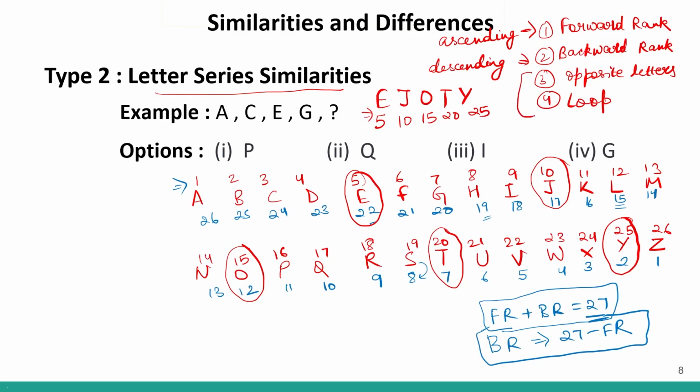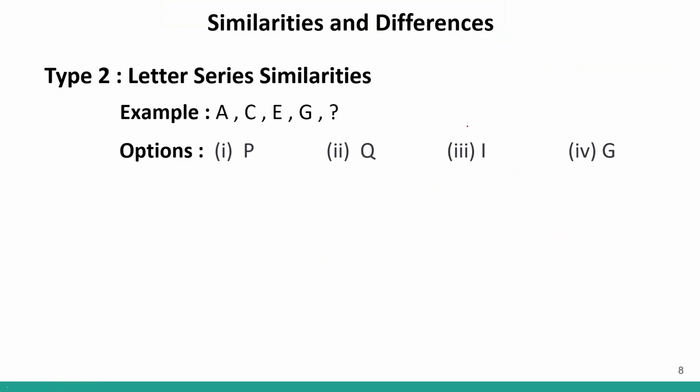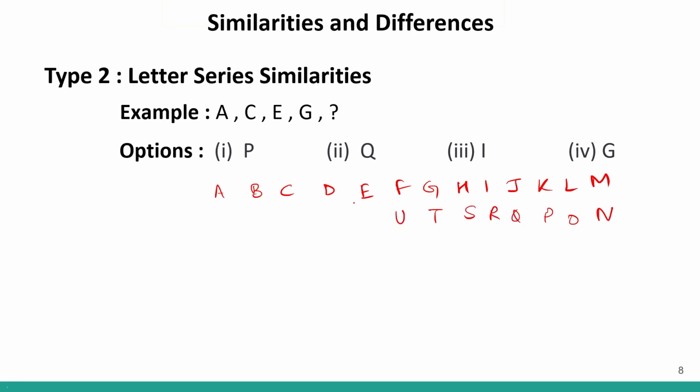Now, the next two concepts, opposite letters and loop. Let us understand. Opposite letters: if I write my letters like this, A, B, C, D, E, F, G, H, I, J, K, L, M, then N, O, P, Q, R, S, T, U, V, W, X, Y, and Z, then this is the concept of opposite letters.